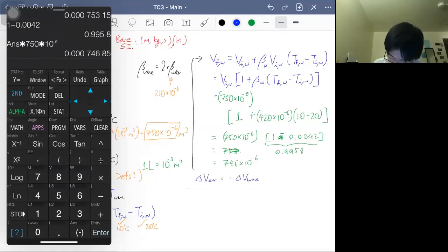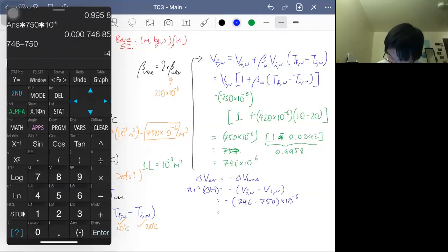So that's pi r squared, change in the height is minus the final wine minus initial wine. Right, so the final is 746, the initial is 750 times 10 to the minus 6. 746 minus 750 is 4, right?